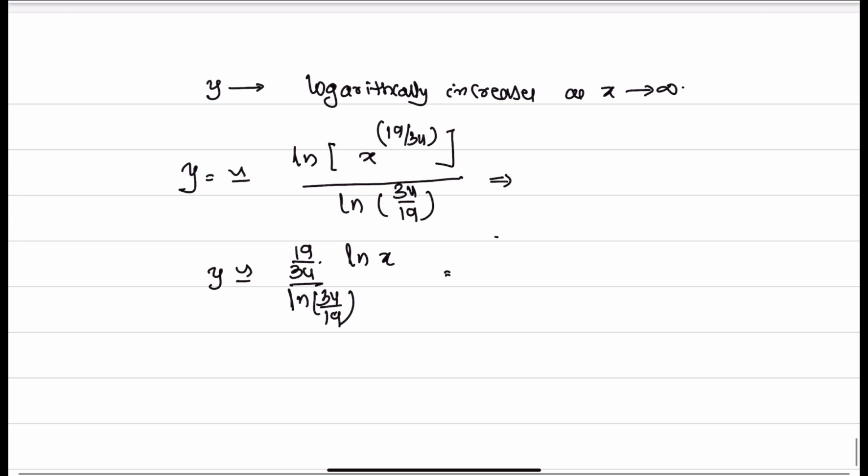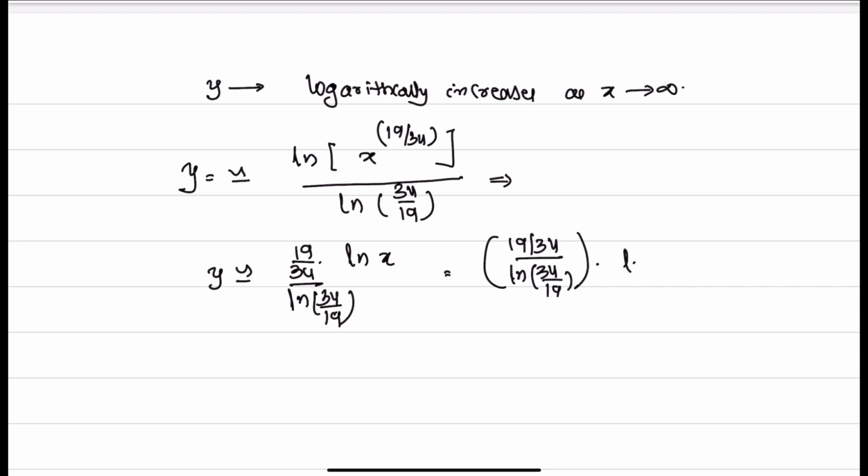That is equal to 19 by 34 divided by ln 34 by 19, which is a constant, into ln x. That implies y is directly proportional to ln x.